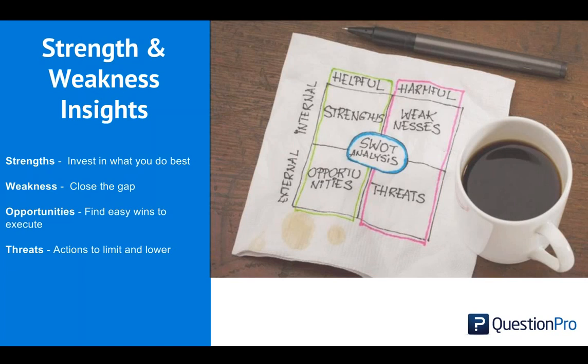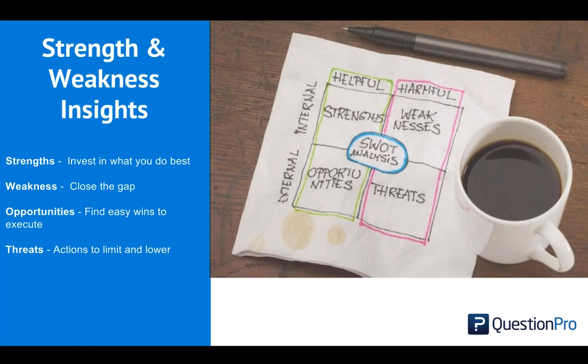I love that idea, and I think that's an idea that businesses should continue to do. What is it about us that we're so awesome at, and what can we do more, and double down to be even better. So that's one way to look at the strengths and insights.